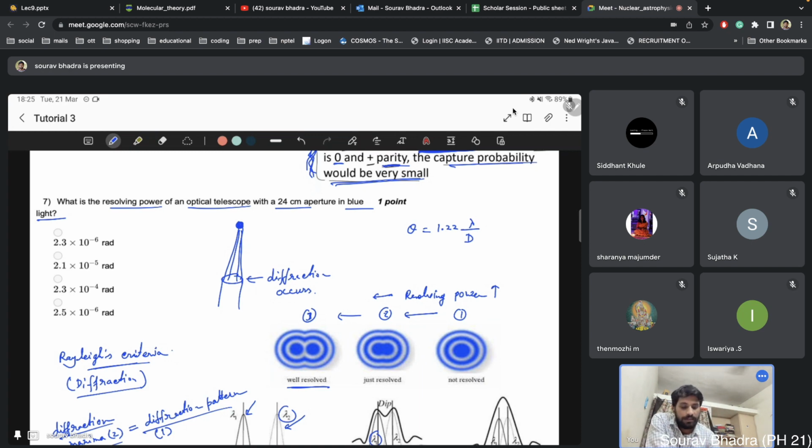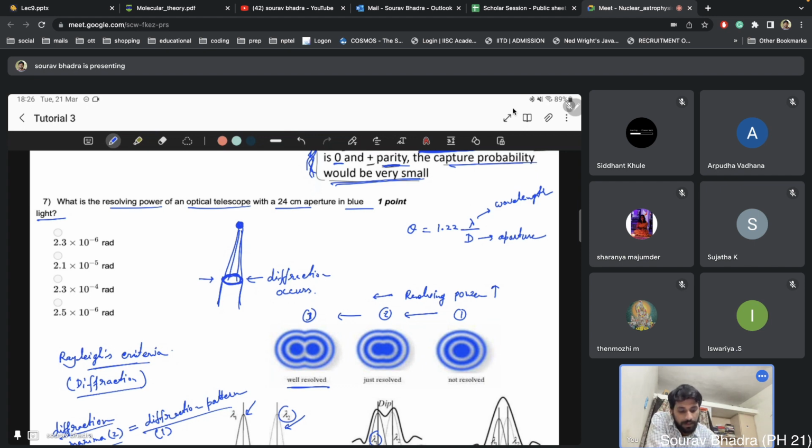There you can get this resolving power. Lambda is the wavelength of the particular source and d is the aperture. Aperture means the diameter. In this case it was the telescope, and the diameter of the telescopic hole is the aperture.